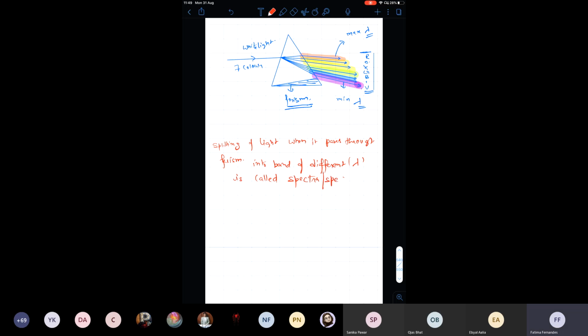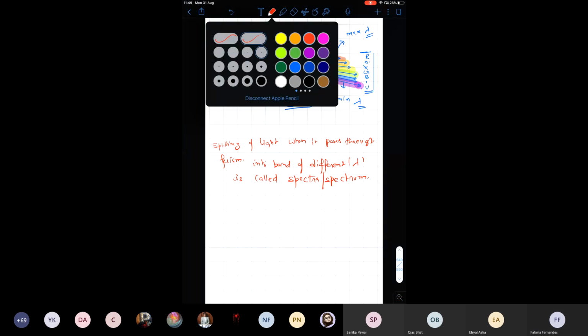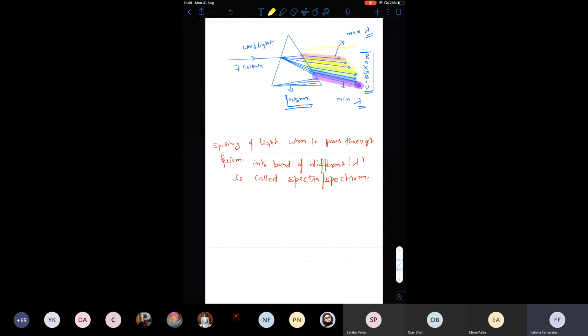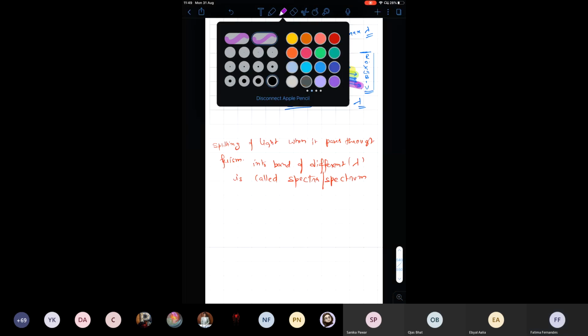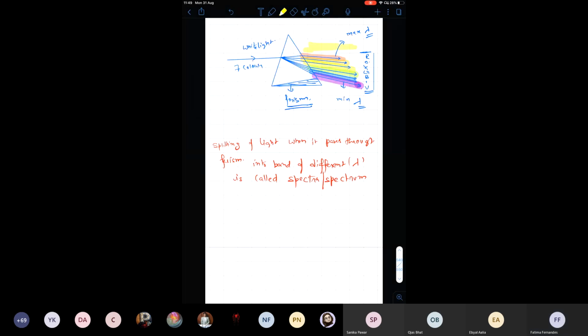Spectra and spectrum, okay, this will be called spectrum.